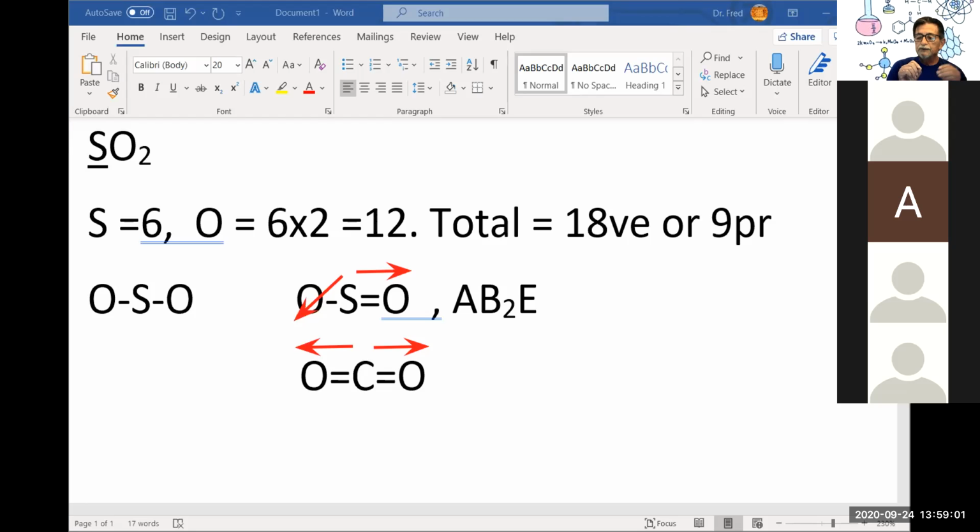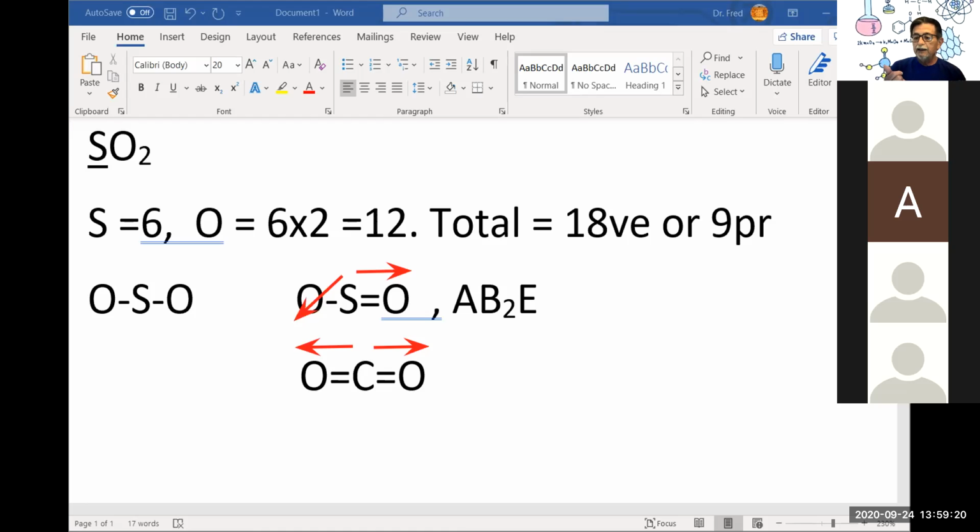If those polar bonds are canceled, just like the carbon dioxide example where the arrows are going in opposite directions, then the polarity of the two bonds cancel each other out, resulting in a nonpolar moiety.